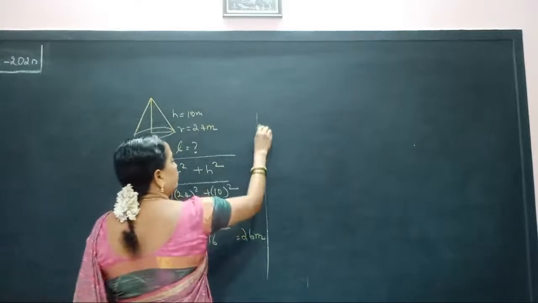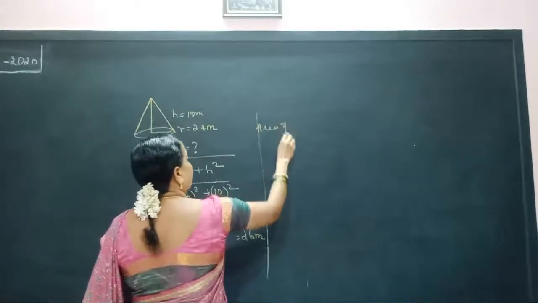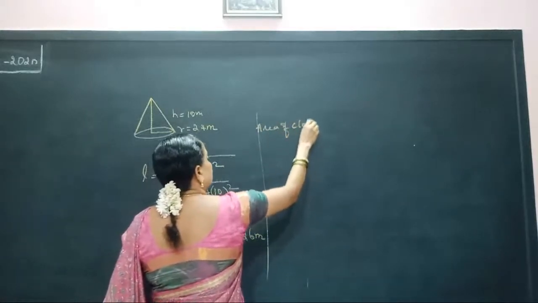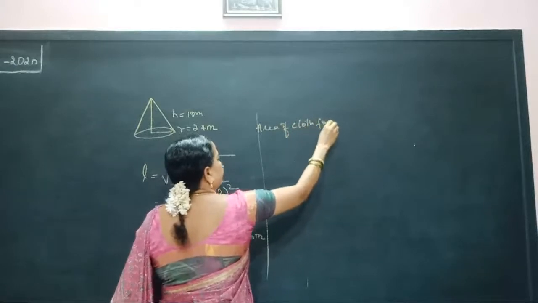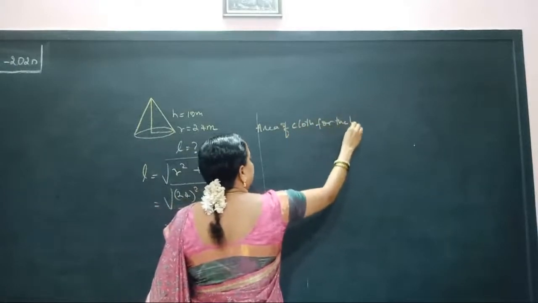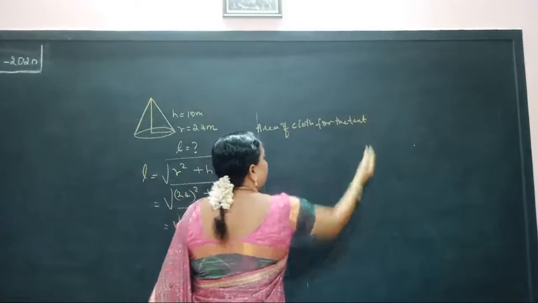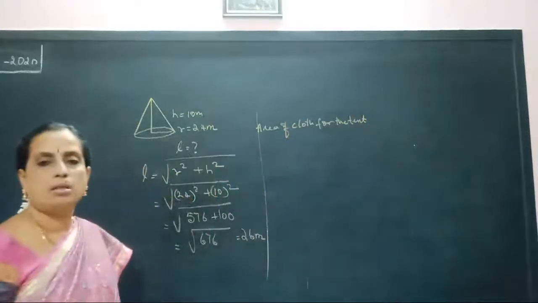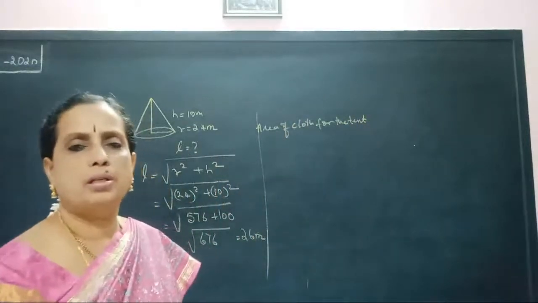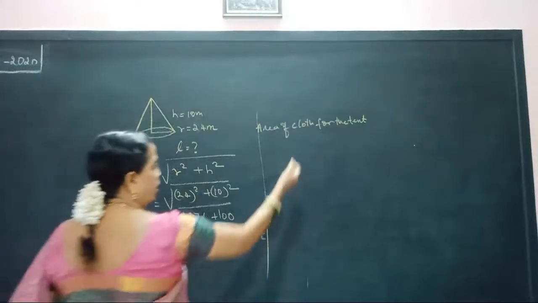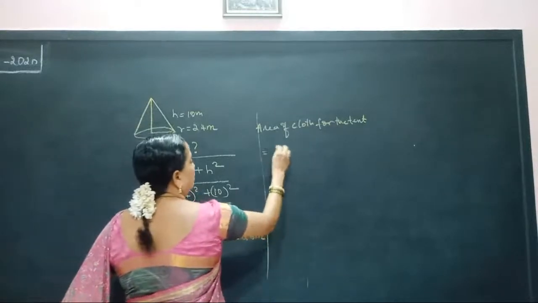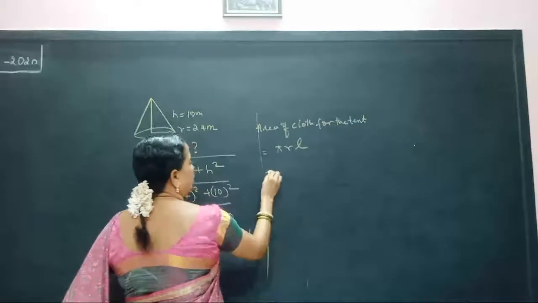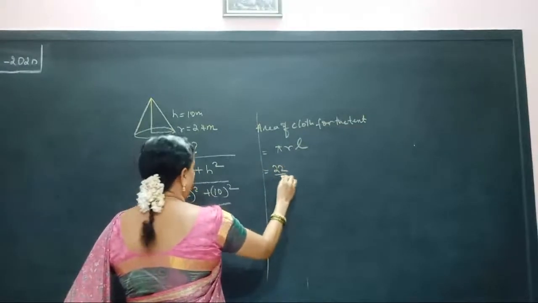Now, area of cloth for the tent. Instead of giving cloth, they have mentioned canvas. Canvas means we can consider it is a cloth. Pi RL, 22 by 7.